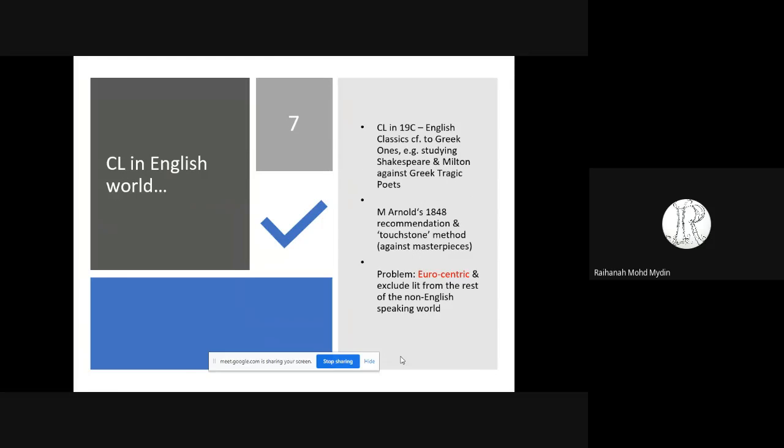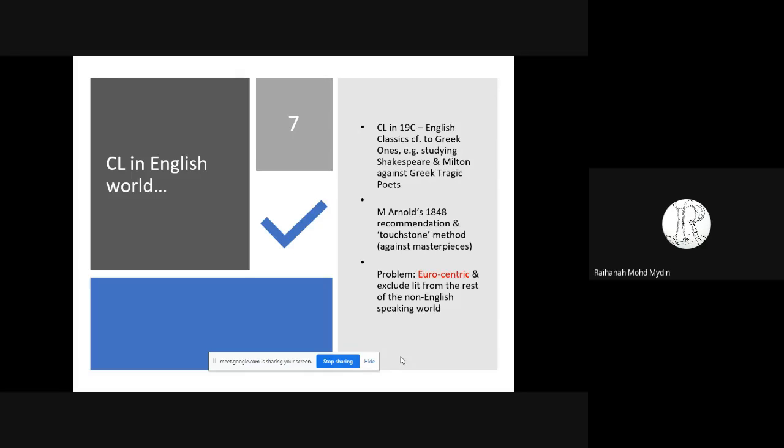And so when you think about comparative literature in the English world context, in the 19th century, we're looking at English classics being compared to Greek classics, right? So if you're studying writings by William Shakespeare or Milton's Paradise Lost, you're comparing them to Greek tragic poets.